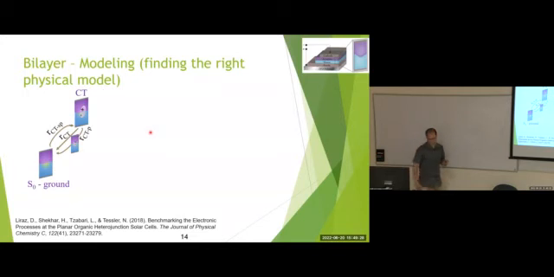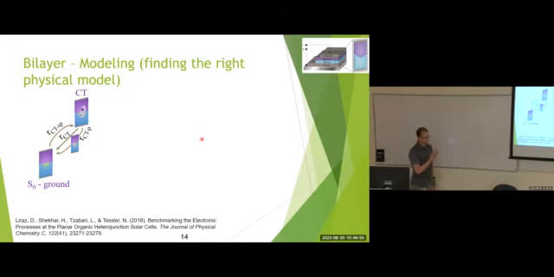And then the only thing that balances the CT decay is basically this process. So this process is important for our model, not only to reproduce the behavior of the device under illumination, but also in dark. So it's very important for the self-consistency of the model.